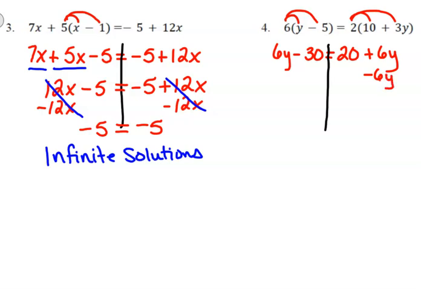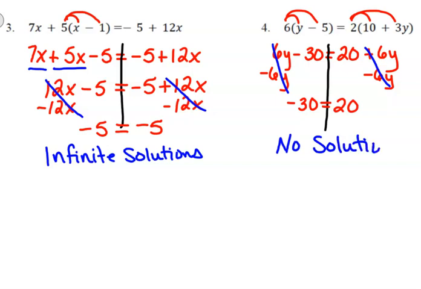So minus 6y. 6y minus 6y will be gone. Negative 30 equals 20, and 6y minus 6y is gone. Well, negative 30 does not equal 20, so this is no solution.